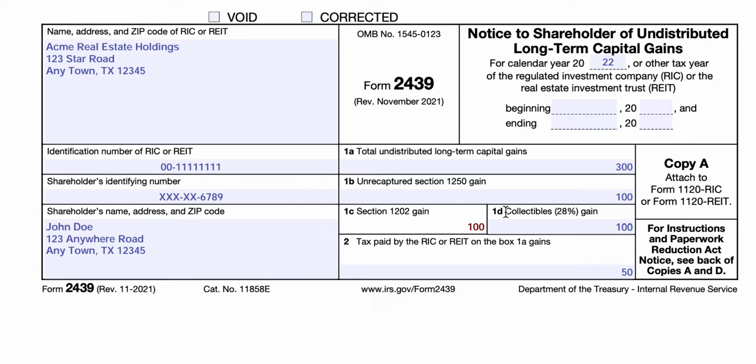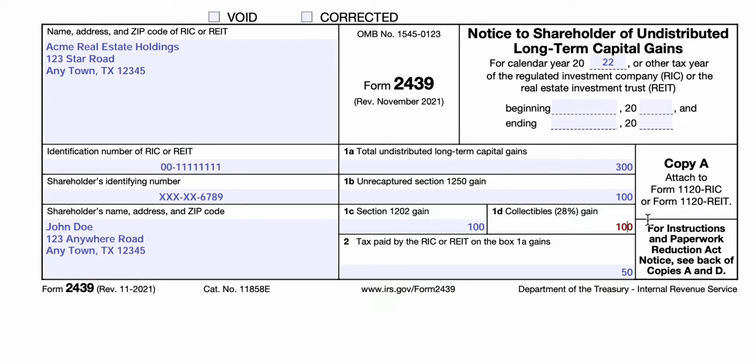So long-term capital gains have different tax treatment, and within that section, collectibles, regardless of long-term or short-term, have a 28% gain tax. So we've just assumed, for this purpose, that the $300 was divided equally into these three boxes.